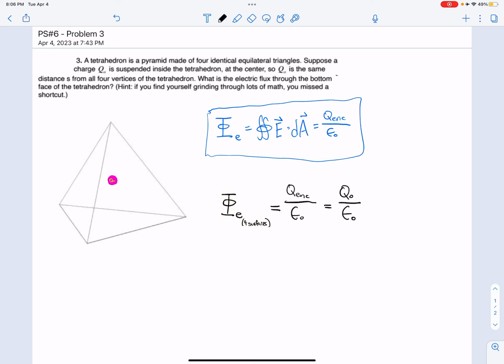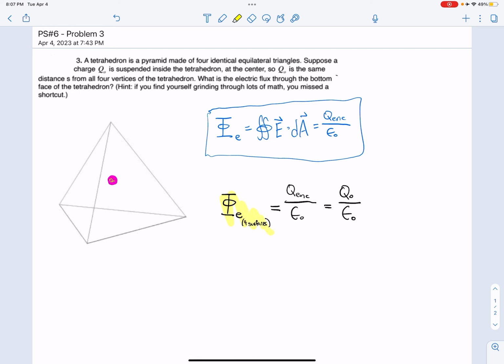Since the point charge's electric field goes out radially in all directions, and the point charge is located at the center of the tetrahedron as stated in the problem, the total electric flux is going to be equally distributed among each face. So for all four surfaces, it is distributed equally.